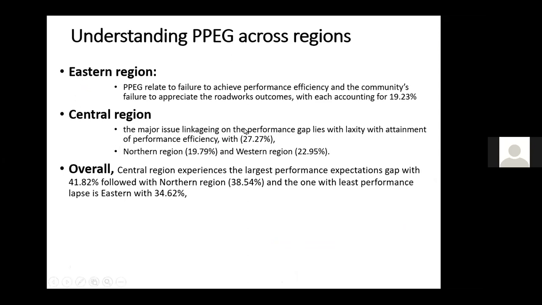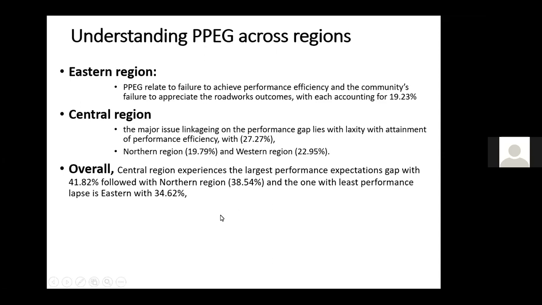In the Central region, the major issues were with the attainment of performance efficiency still, but in the Central region, the gap was 27.27%, meaning that the technical personnel within those districts in the Central region had only managed to perform according to the expected performance standards by the stakeholders, creating a difference of 27.27%. And in another region, the gap was 19.72, and the Western 22.